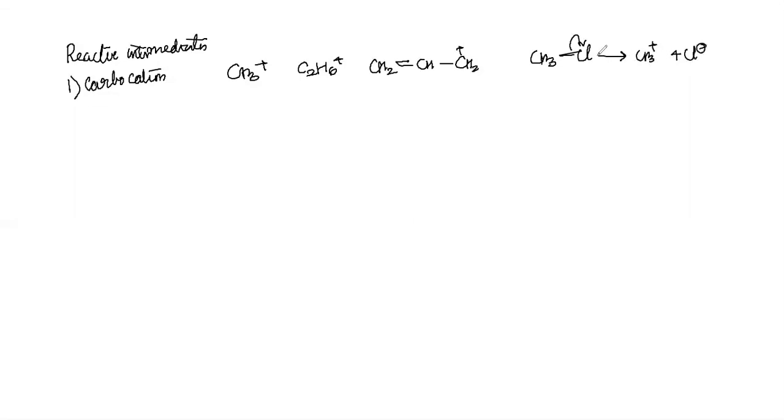This will occur only in presence of a Lewis acid catalyst, AlCl3. But this carbocation can be easily formed, C plus, Cl minus.